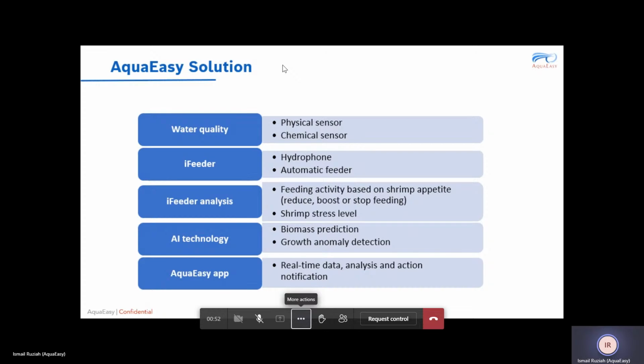The average survival rate, ours is 74%, and theirs about 56%. So a 31% improvement. The average mean body weight, ours is at 15 grams, theirs about 12 grams. So about 23% improvement. Productivity, likewise, ours is 2.8 kg per square meter, theirs is 1.7 kg per square meter.